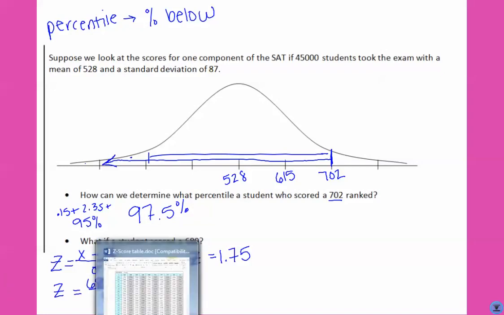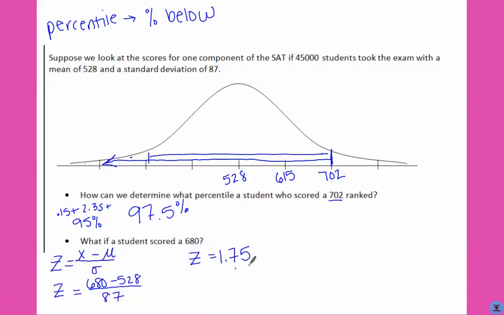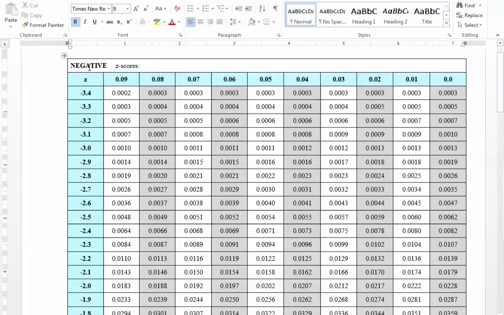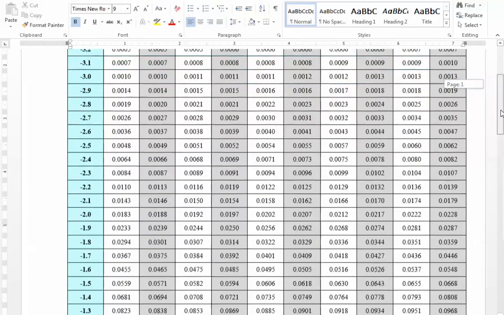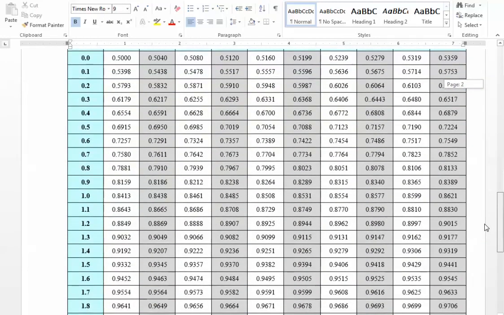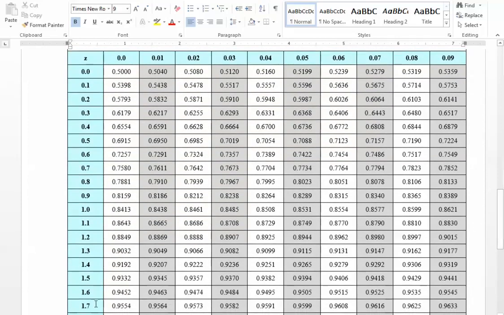So let's look at your chart, okay? And remember 1.75. The z-score is very important for the chart. So right now, I'm on the negative side of the paper. Our z-score was positive, so we need to go to the positive side of the paper. We want 1.7 on the left. That's where you look for the beginning of your number. And then we want the 5 on the end, because that was the end. So right there, this was where 1.7 and 5 meet.